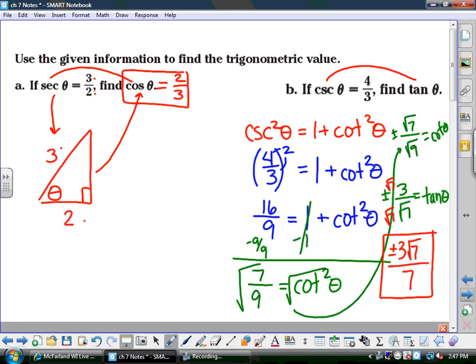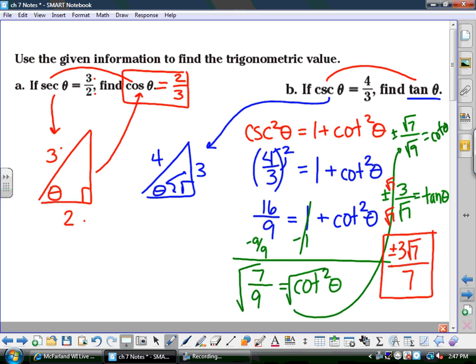We could have gotten that exact same answer by drawing a triangle. If we would have drawn a triangle that has a cosecant of 4 over 3, that would mean the hypotenuse over the opposite is 4 over 3. And then we're looking for the tangent. Tangent is opposite over adjacent.